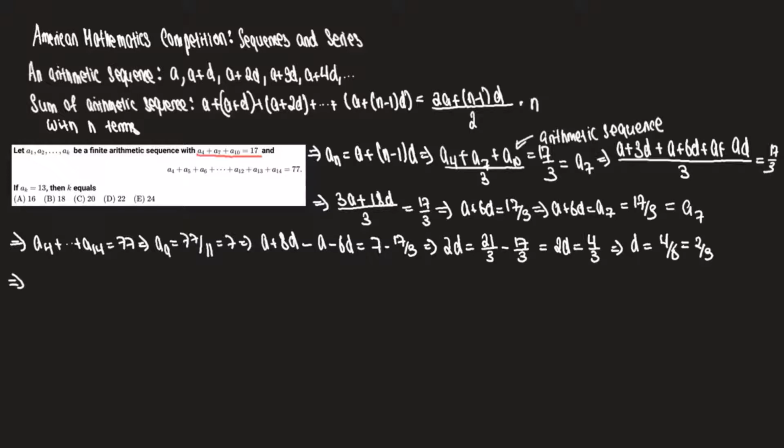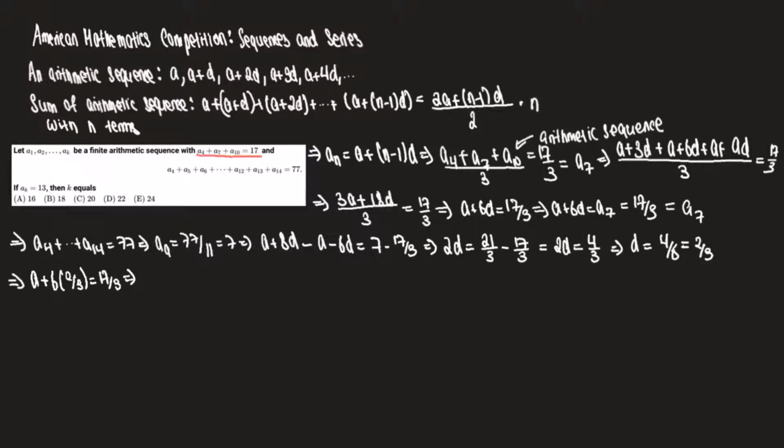We're gonna use A7, and that's equal to 17 thirds. So A plus 6 times 2 thirds equals 17 thirds, because we know what D is now, right?